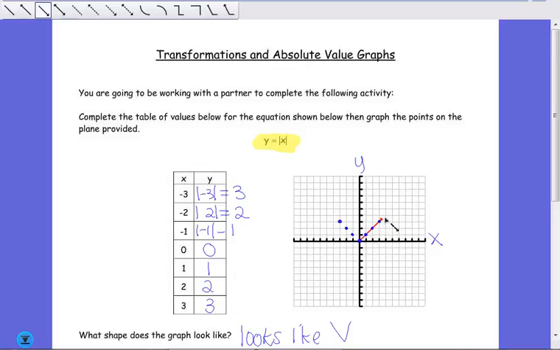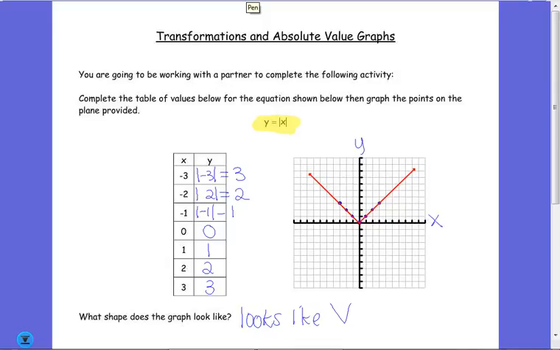Now notice, I'm not going to stop here. I'm going to keep going this direction. Now, I did not keep going on the other one, just on that first one. We are going to then go back to the center, and I'm going to connect and go out this direction. And so when I am finished, as you can see, I have a very nice looking V.